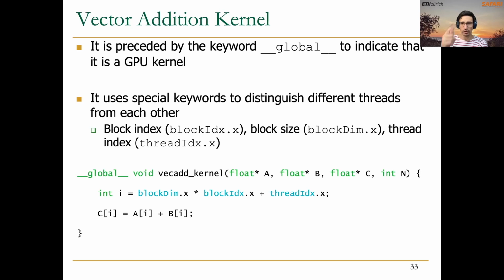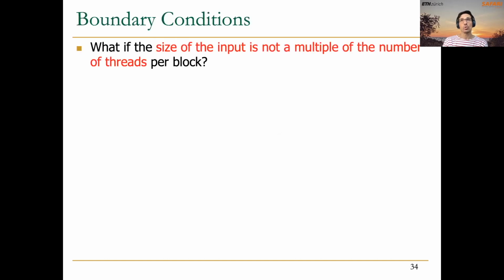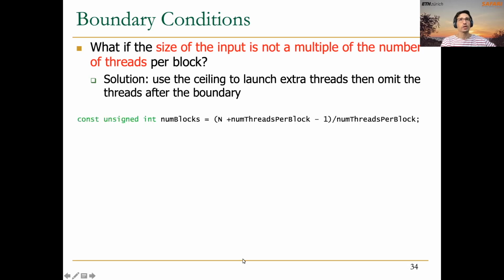There is one small thing that we have to add to this simple vector-add kernel, which are the boundary conditions. We have to check whether we need to use a thread or not, because normally the total size of the input is not going to be a multiple of the number of threads per block. So we have to decide the number of threads that we launch by computing the ceiling of this division, where we obtain the number of blocks.